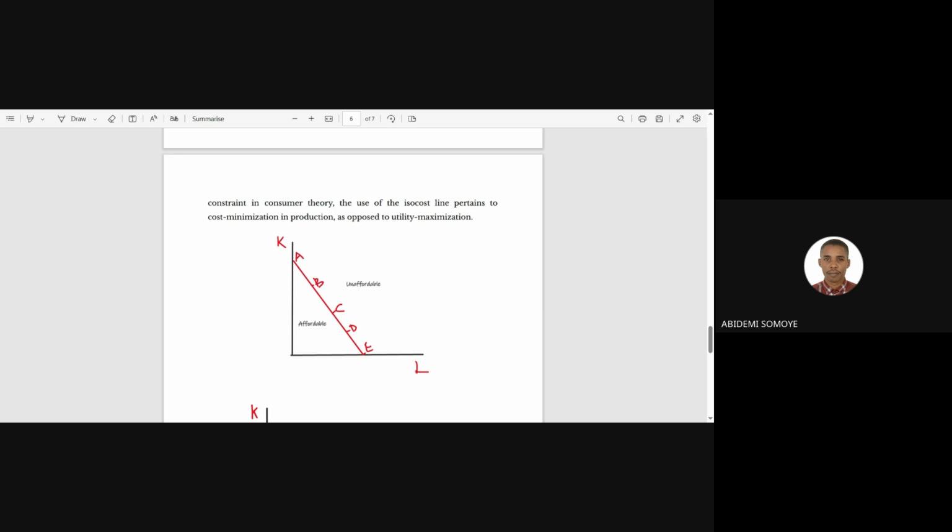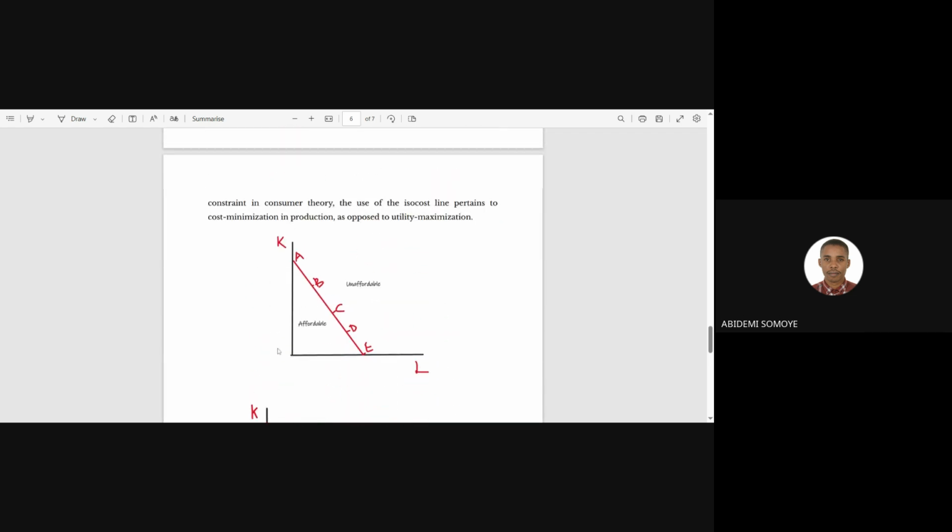You cannot spend more than that $10,000, meaning that anything above your $10,000 is unaffordable. So it's just telling you the amount of capital and labor that you can purchase.